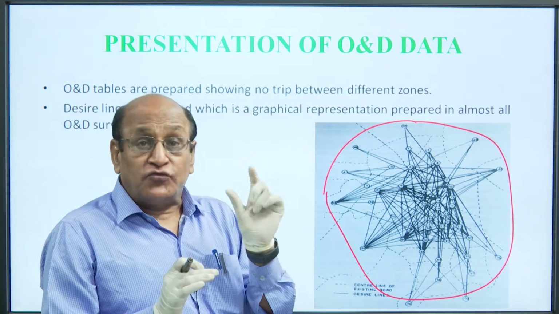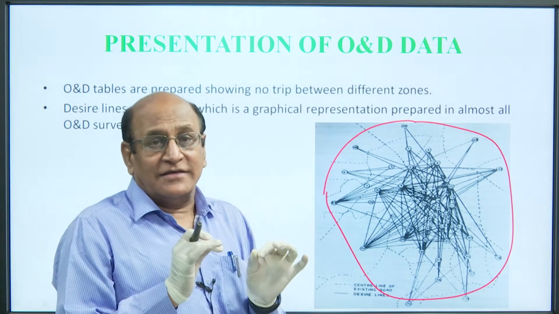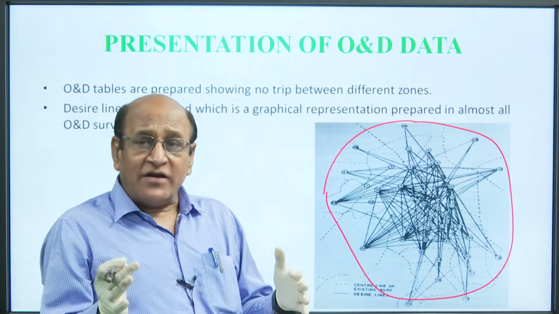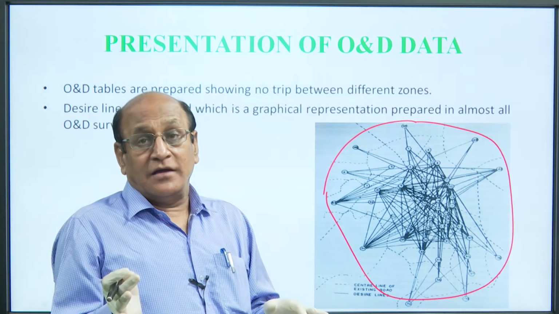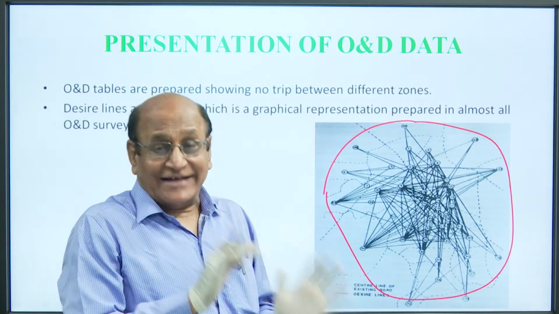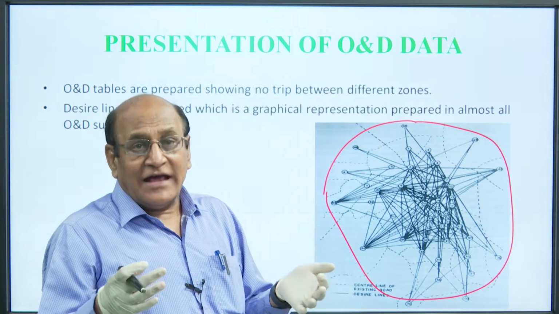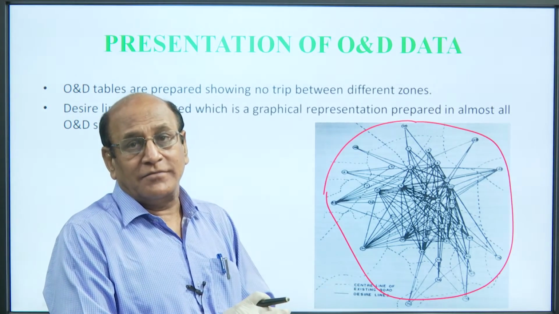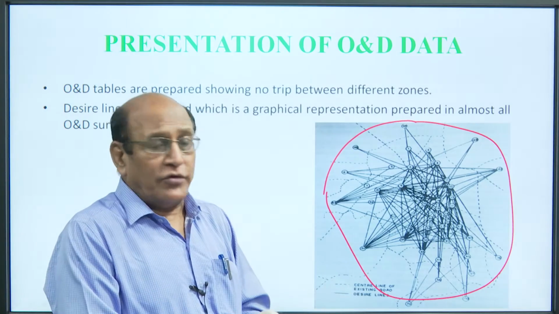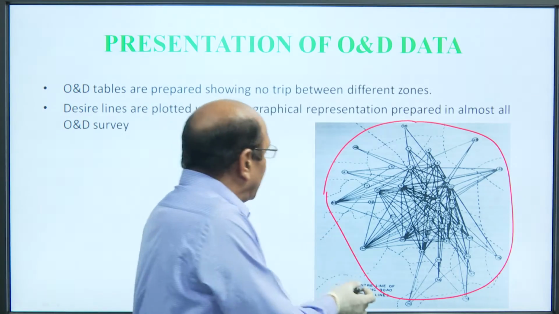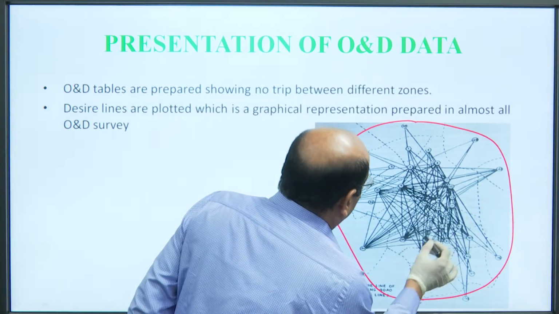If the thickness is too high, then the government will accord sanction for a higher specification road, a higher category of road. So, see here, this is the desired line.